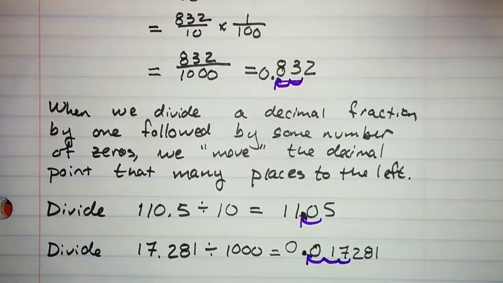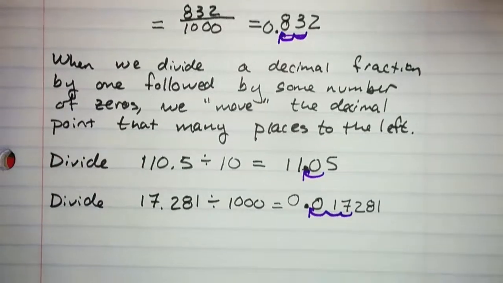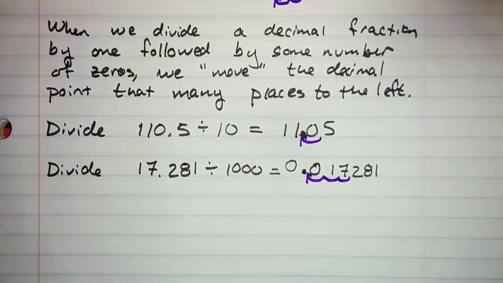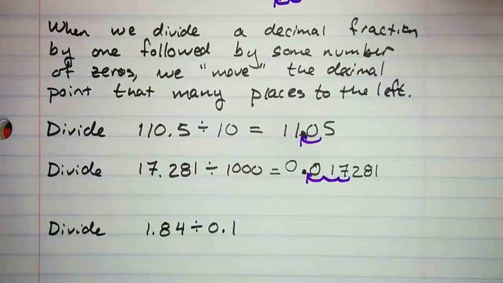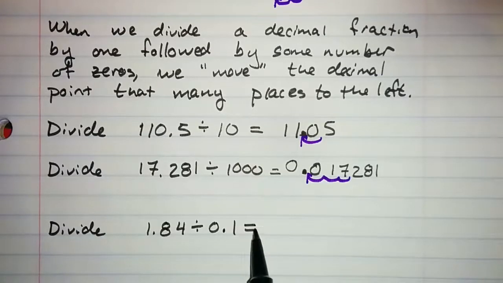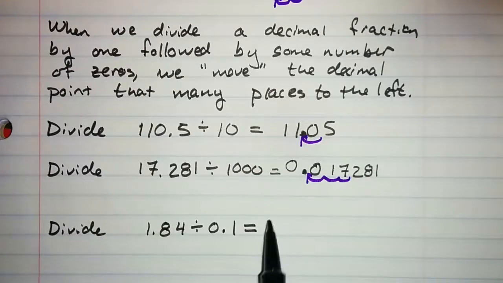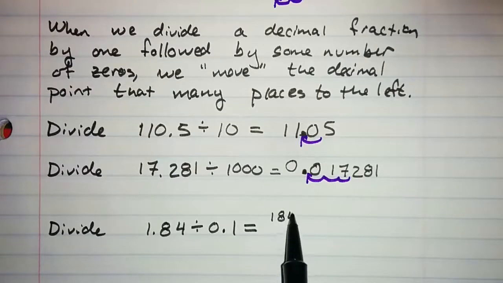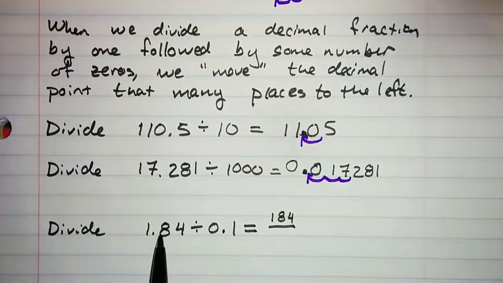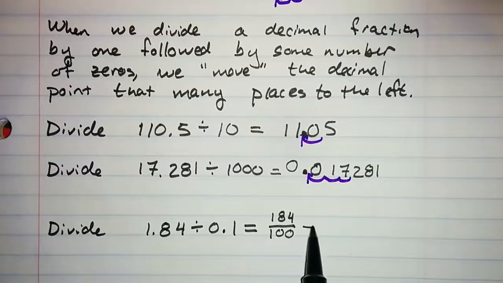What if we're dividing by a 1 somewhere to the right of the decimal point? Let's suppose we wanted to divide 1.84 by 0.1. What does that look like in fraction notation? Well, I have 184 over 100, my denominator will be a 1 followed by 2 zeros, divided by 1 over 10, since 1 digit to the right of the decimal point means 1 zero in the denominator.